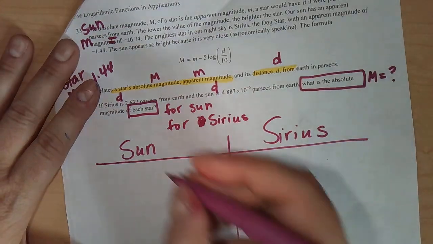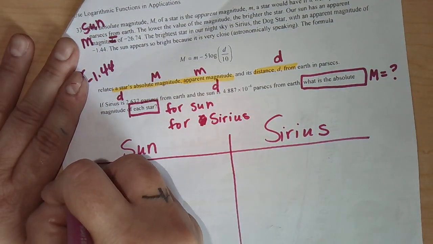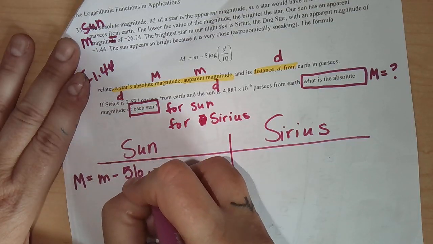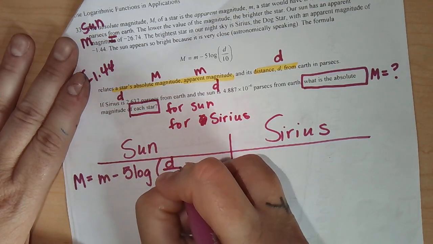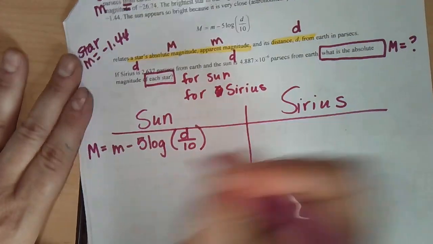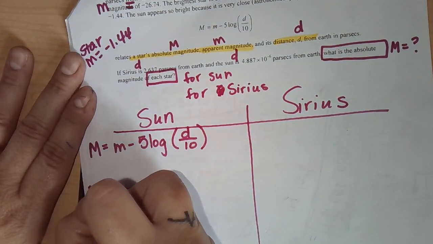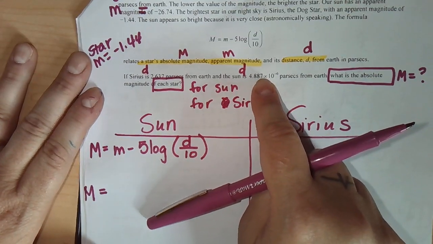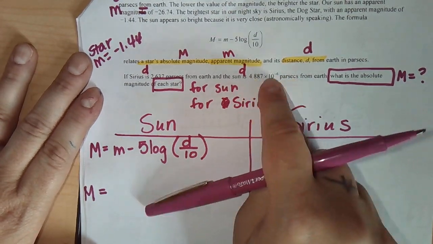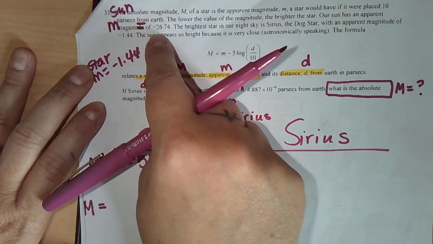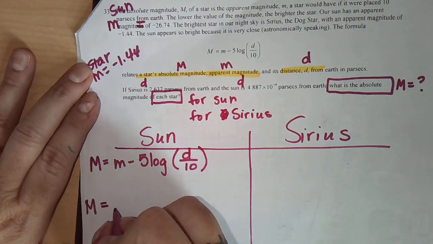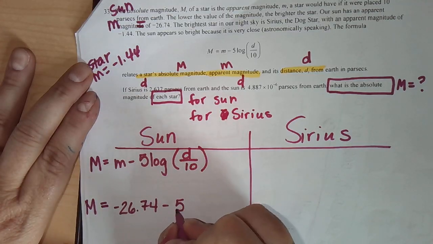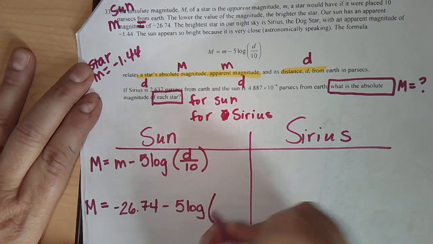Okay, let's use our formula. We're going to have capital M equals, we're doing the sun first. So the sun has a little m of negative 26.74 minus 5 log parentheses.